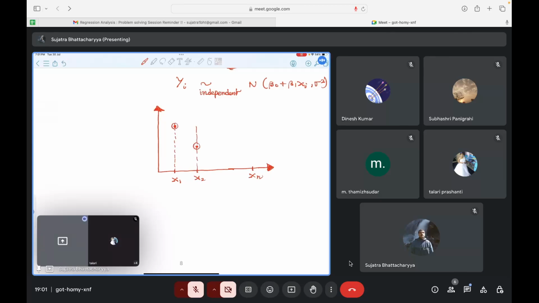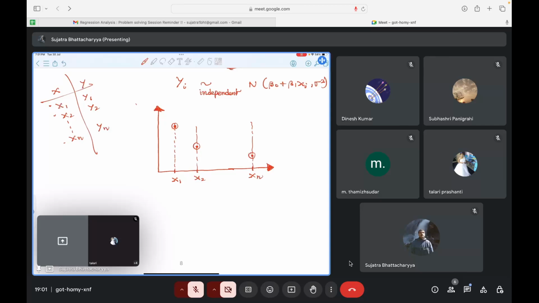These are random values, and this is x, which is somewhere here. So these are the data set which you have: x1, y1, x2, y2, and xn, yn. So I am just showing this. This is x, this is y. This is the data set which you have been provided with, the samples.